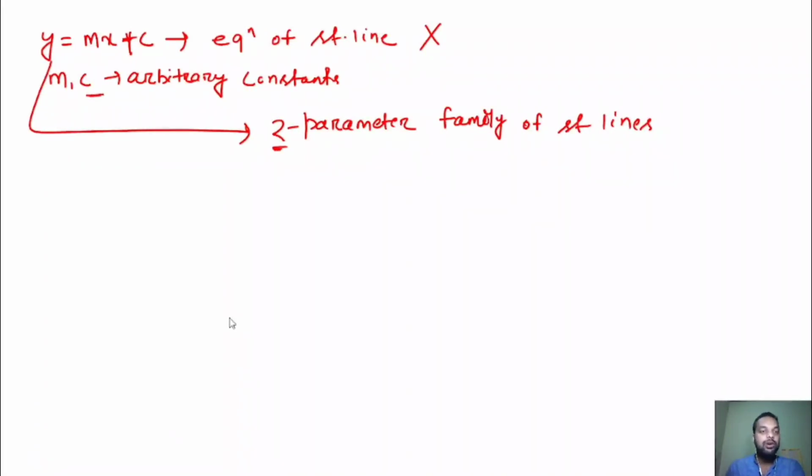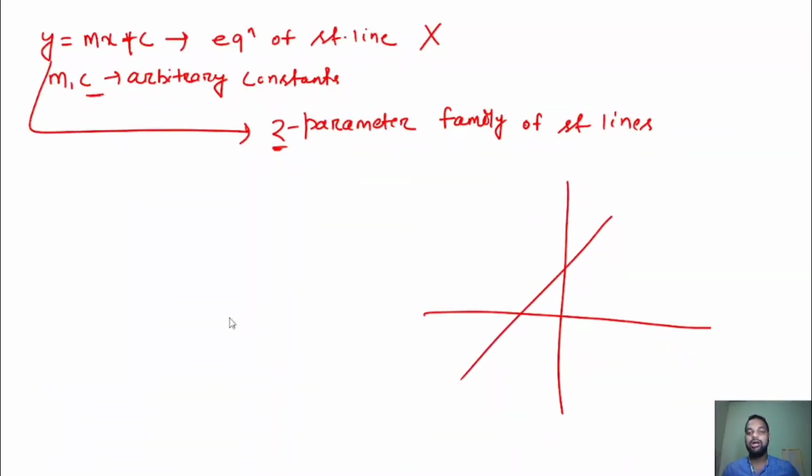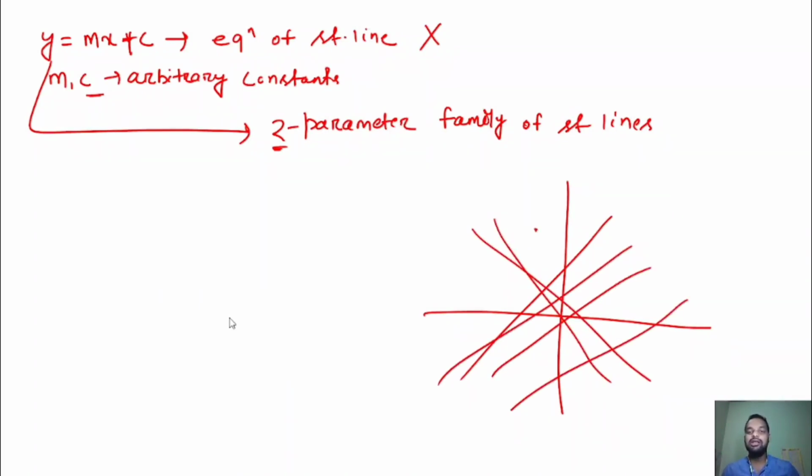Depending upon these values of m and c, we will have a number of straight lines. Like here is one straight line, here is one straight line, one is here, one is here. It can be anything, because in all the cases m and c are different. Okay, so unless you know the values of m and c, this equation will give a two parameter family of straight lines.